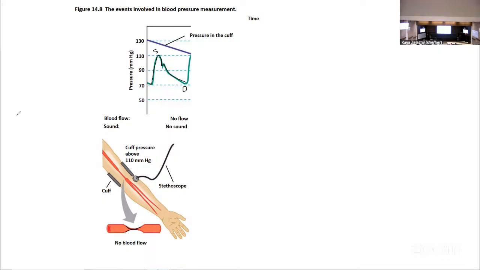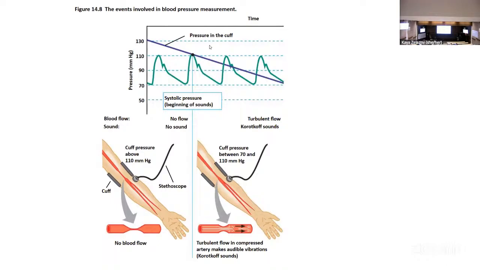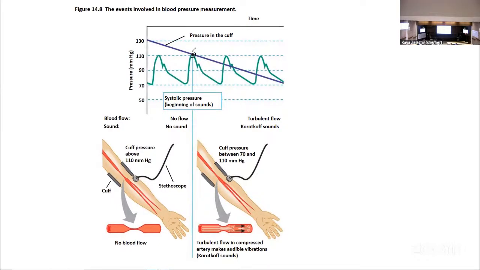Okay, so we're easing off the pressure in the cuff until we hit the point where sometimes that systolic pressure is enough to open that compressed artery up a little bit. So we see the first time when we have an intersection between these lines is here. So that's when you would hear the first sound. And then you'd end up hearing another sound here. As that artery opens, then you'd hear more sound here, etc.